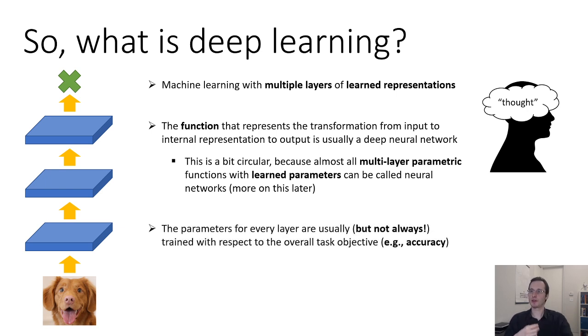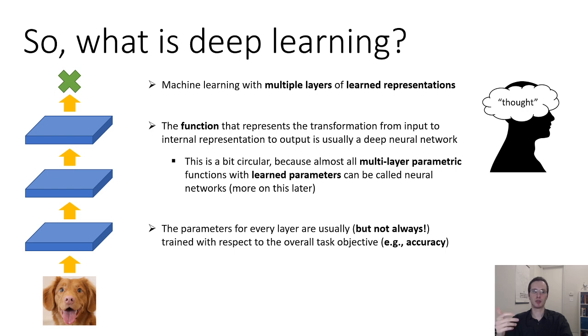The parameters for every layer are usually, but not always, trained with respect to the overall task objective. So the representations of the puppy, the low-level, the mid-level, and the high-level representations are not just optimized any old way, they're optimized to get the network to be as accurate as possible at detecting the puppy. This is not always the case.